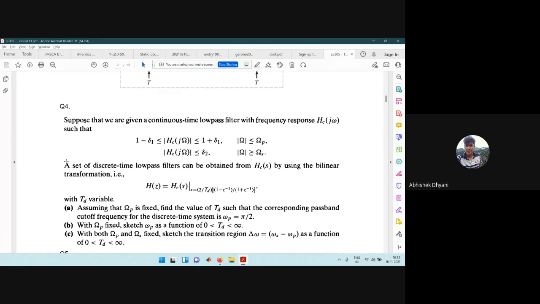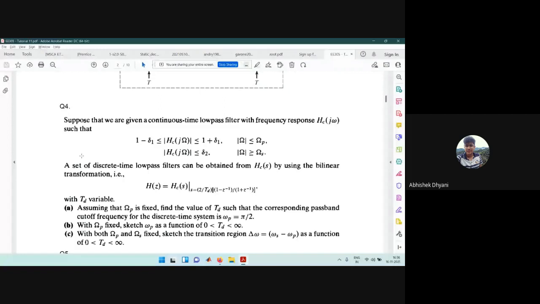And now it is saying that we are interested in the discrete time low pass filter that will be used to implement this continuous time low pass filter. It is obtained by using this transformation, which is 2 by Td multiplied with 1 minus z inverse upon 1 plus z inverse, which is nothing but the bilinear transformation which we just saw.